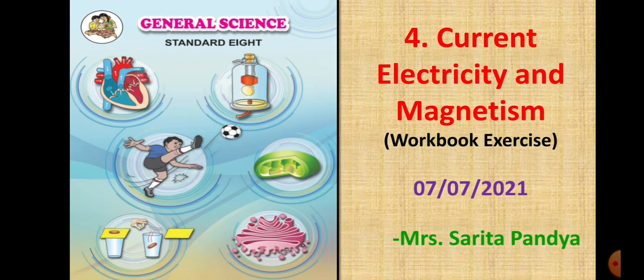And we had studied about the force in lesson number 7, and pressure also we had studied. So let's start with the workbook exercise of lesson number 4, current electricity and magnetism. So let's start with the first question.